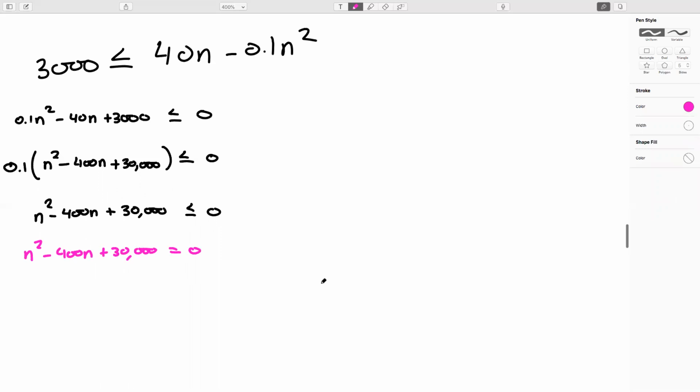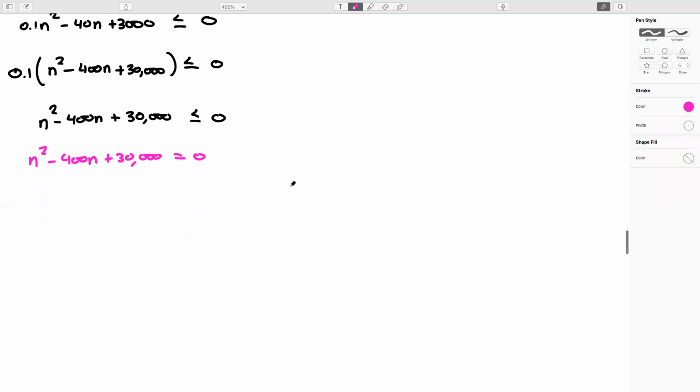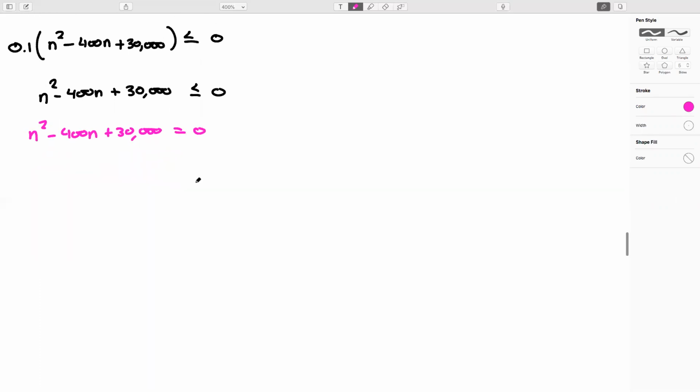You can skip this part if you want, keep it like this. And now it's going to be kind of ugly to factor this. We need to think of two numbers that are going to multiply to 30,000 and add to minus 400, and it seems kind of weird. But if you think about it, 300 times 100 gets us to 30,000. Minus 300 plus minus 100 is minus 400. And so we can just use those numbers.